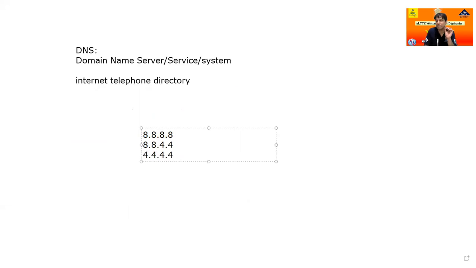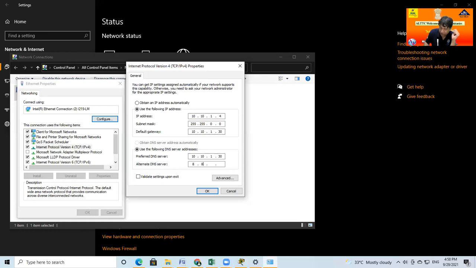Up to 12 DNS servers are available in Google till now. Google is a very big company and has captured a very big market in DNS servers. So in the alternate option you can put 8.8.8.8.